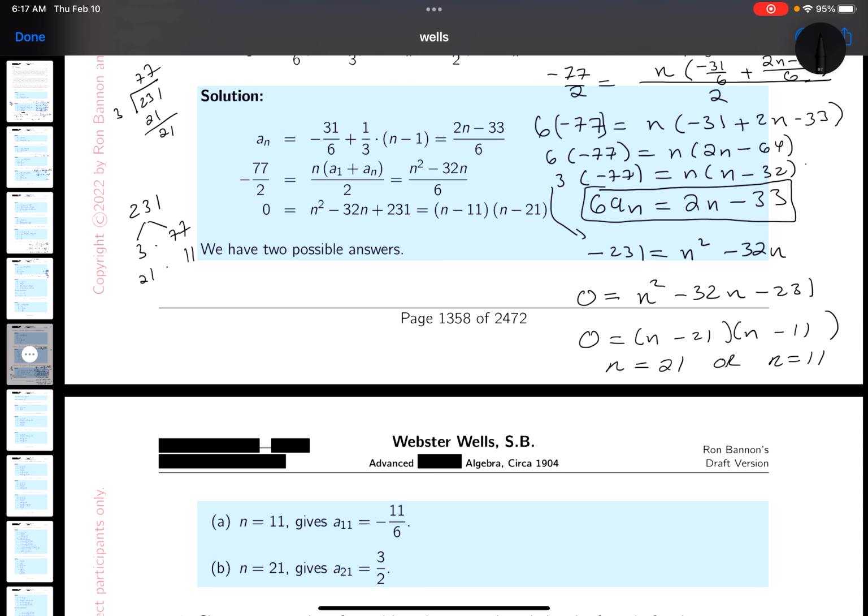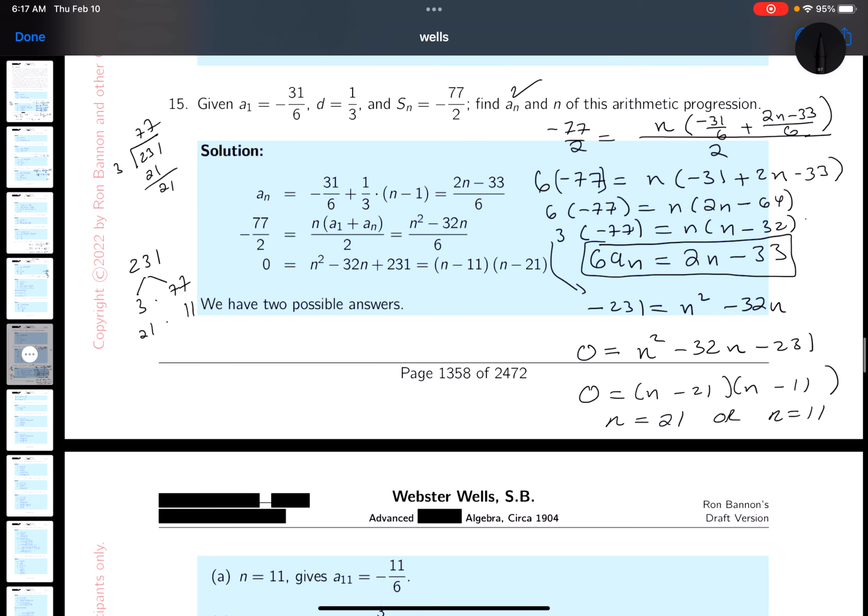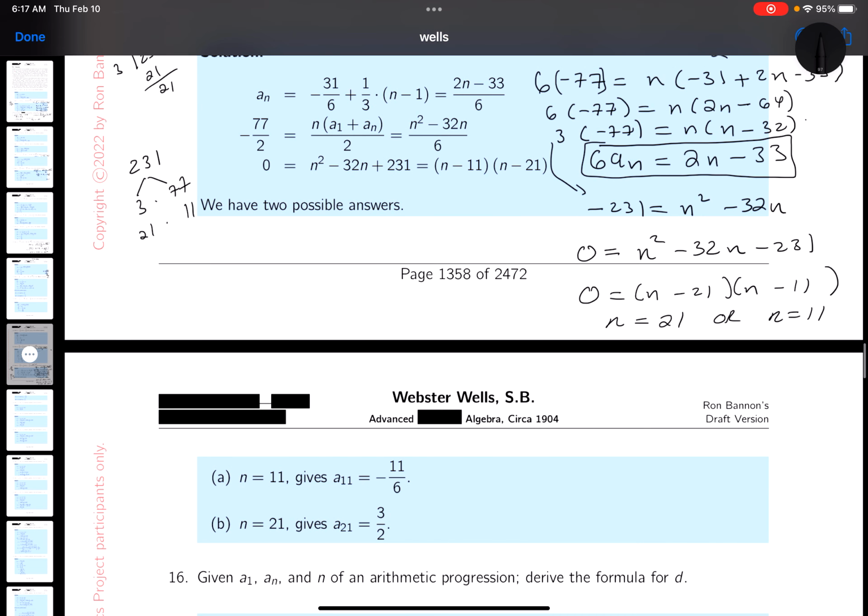So what I'm going to do now is write the answers down. They want to know what AN and N are. Well, if N is 21, I want to figure out what AN is, and I think I can do it. It looks like a pretty easy thing to do the arithmetic on.